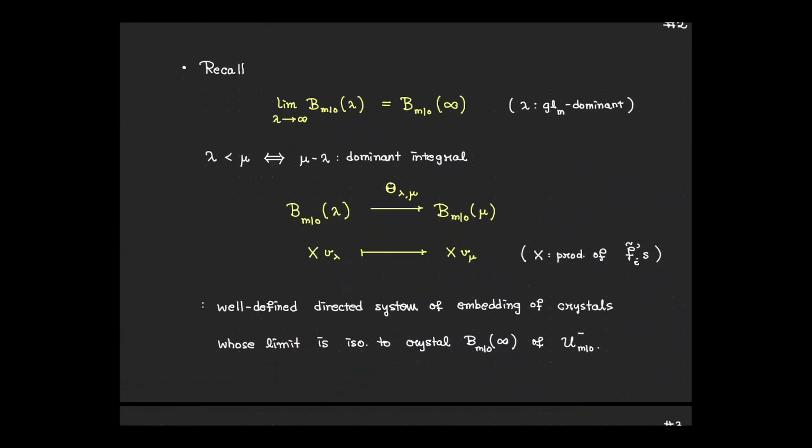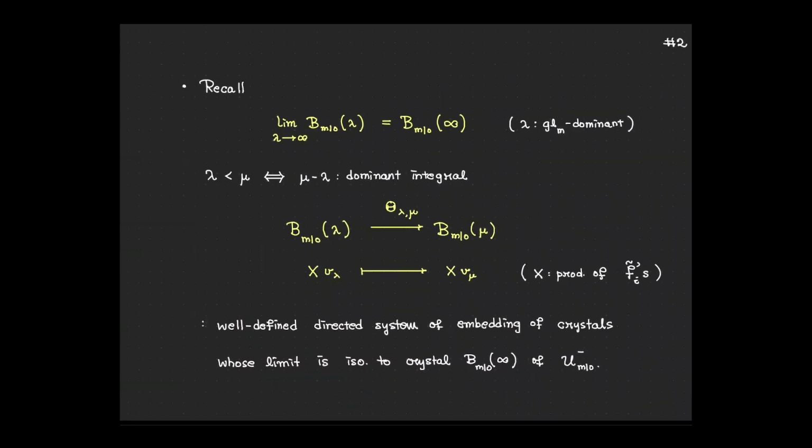So this was the brief review, which I already showed in the first or second lecture. In case of GLM, the limit system of the crystal of a highest weight module is given in this way. For two dominant integral weights where mu is greater than lambda, we define an embedding of a crystal from B of lambda to B of mu.